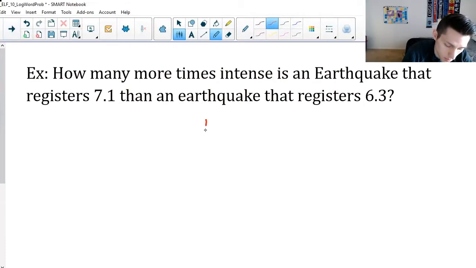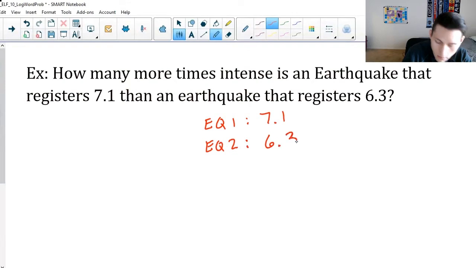Let me write this down. Earthquake 1 is a 7.1. Earthquake 2 is a 6.3. This question is not asking what the difference between them is. The answer is not 0.8, which is the difference in the magnitude, 0.81.